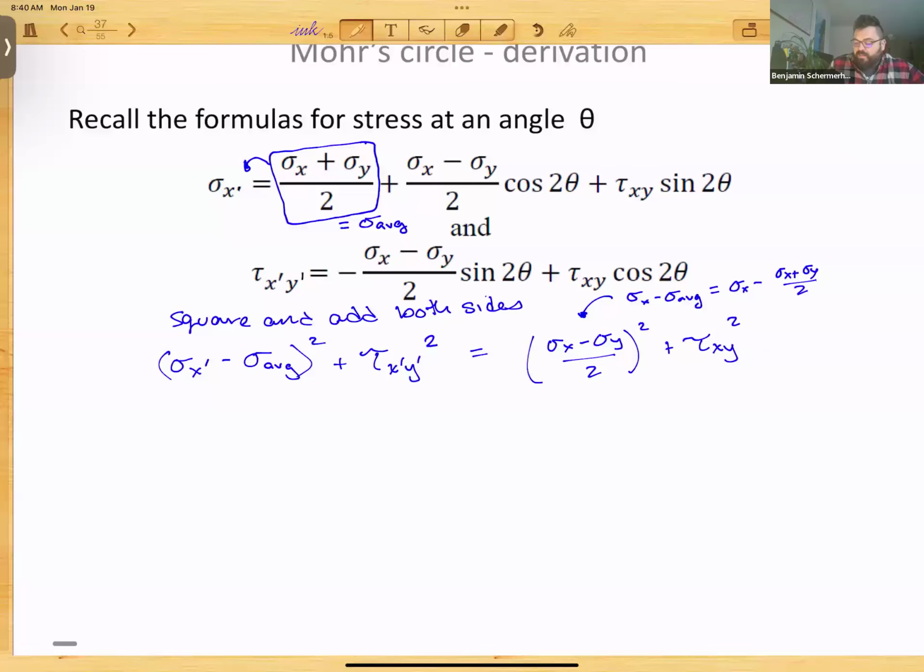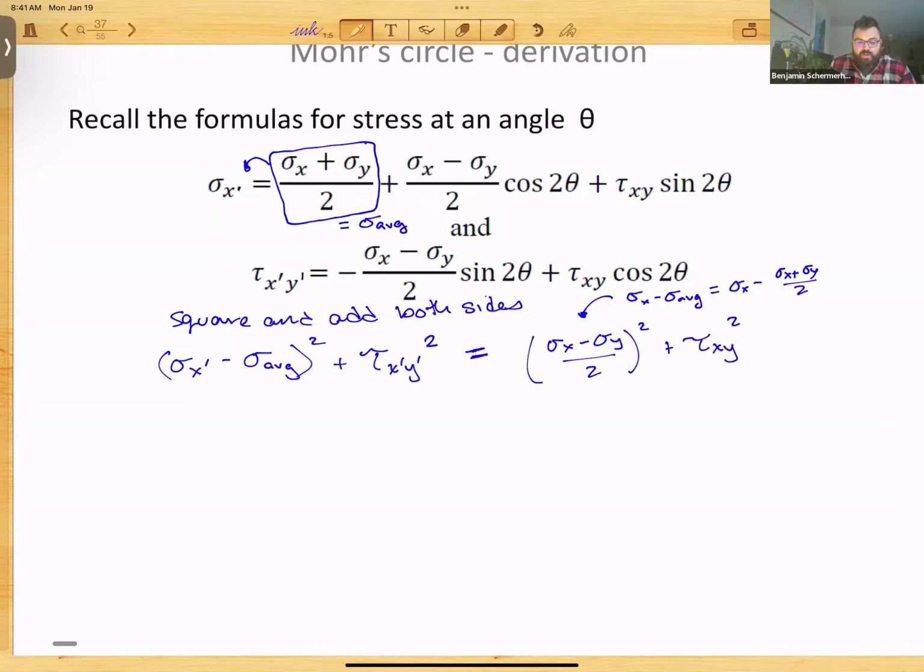So we end up with sigma x minus 1/2 sigma x, which is positive 1/2 sigma x, and then minus sigma y over 2. And that becomes that first term here. So you can see that we end up with something equivalent on both sides of our equal sign, except one is for the rotated element and one is for the original stress state.